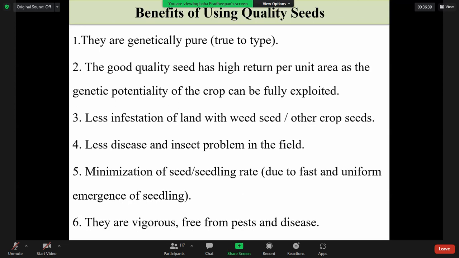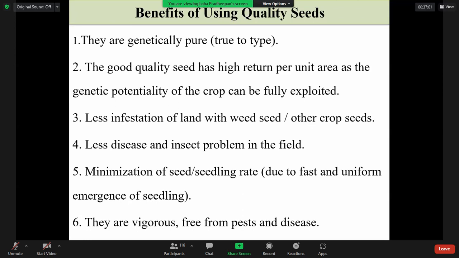Genetic attributes, physiological attributes, or the pathological attributes. Or simply we can say physical purity, genetic purity, seed health, or moisture content. Because these are the things we have to look into in a good quality seed.